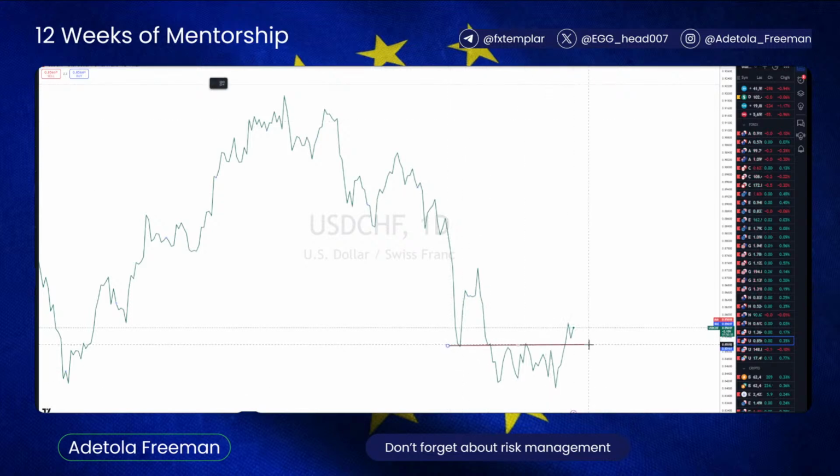So we want to see close prices that are connected to each other, or that are very close to each other. So you see that if I use this straight line here, let me rewind the chart a bit.